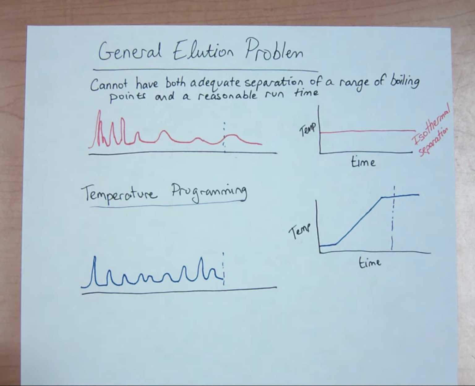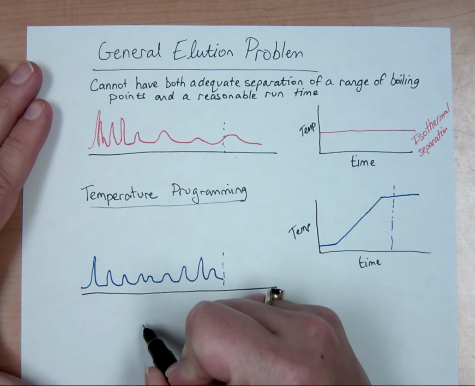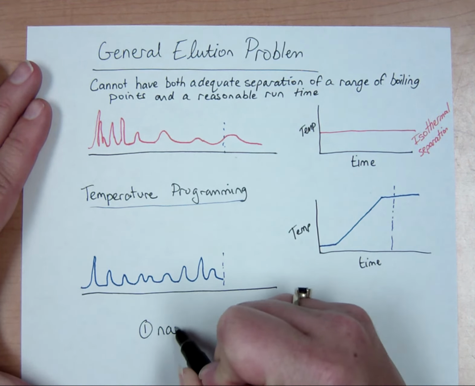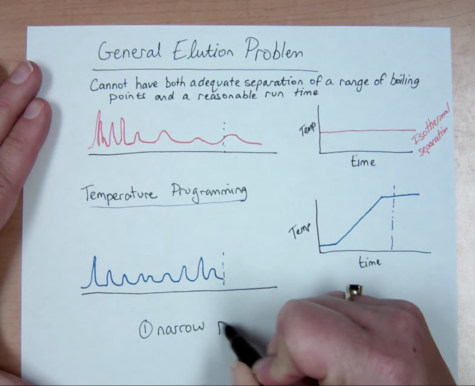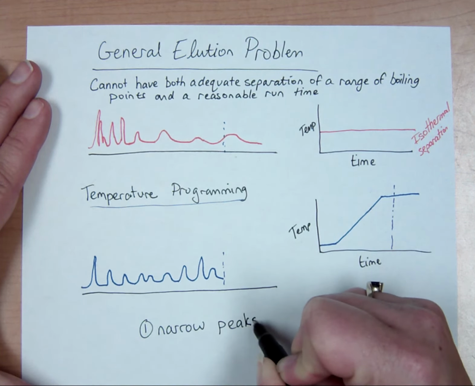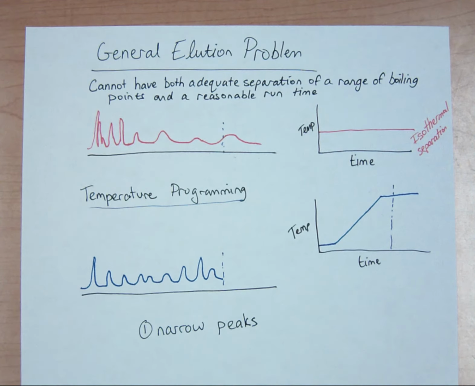So what does this ultimately lead to? Well, temperature programming ultimately leads to a couple of things. It leads to, first, narrower peaks. And why narrower peaks? If we remember in the Van Deemter equation, the longer analytes spend in the column, the more time there is for diffusion.